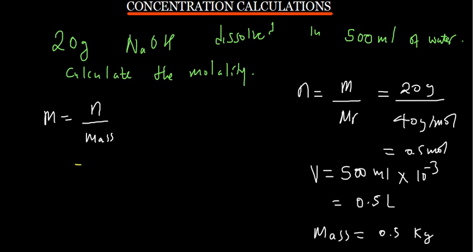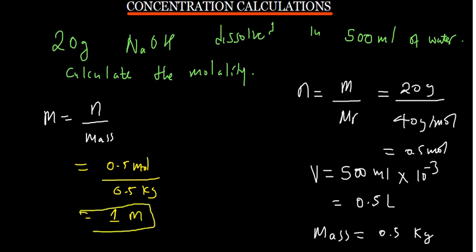Therefore the molality is the number of moles, which is 0.5 moles, divided by the mass, which is 0.5 kg. This gives us 1 mole per kg, which is also 1 molal. Now 1 molal, this is a standard concentration of 1 molal.